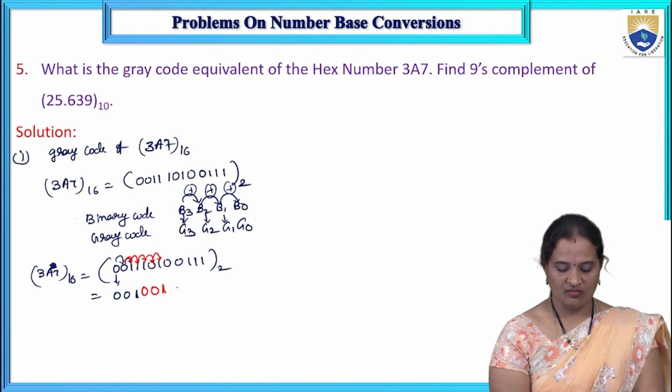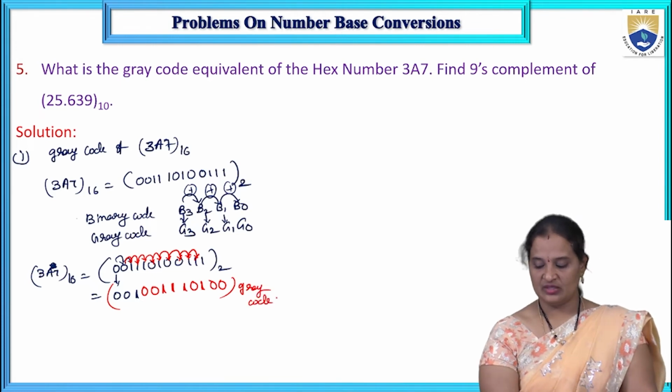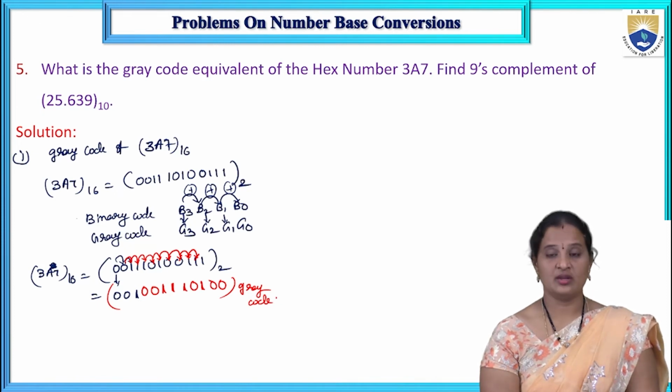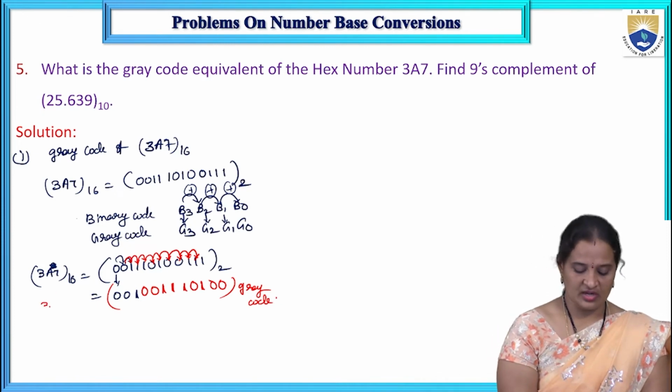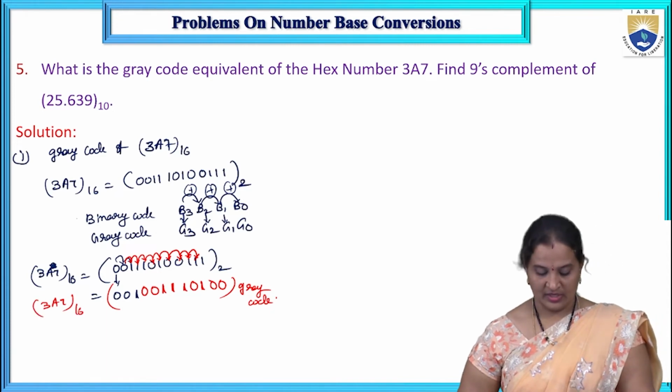Then 0 XOR 1 is 1. Next 1 XOR 0 is 1. And then 0 XOR 0 is 0. 0 XOR 1 is 1. Next 1 XOR 1 is 0. 1 XOR 1 is 0. So this is the Gray code for the given hexadecimal number: 0010 0111 0100. This is how we can convert a given hexadecimal number into Gray code.